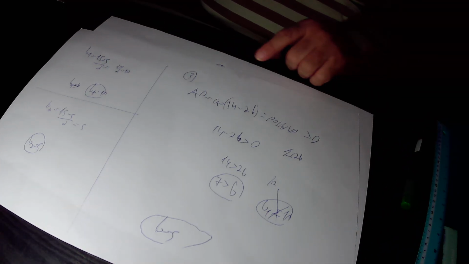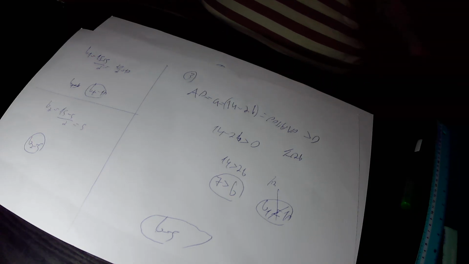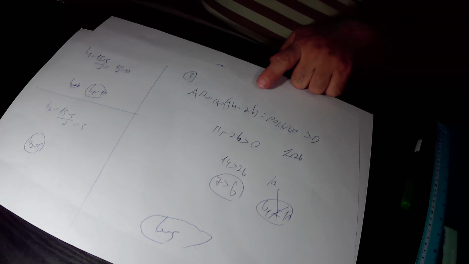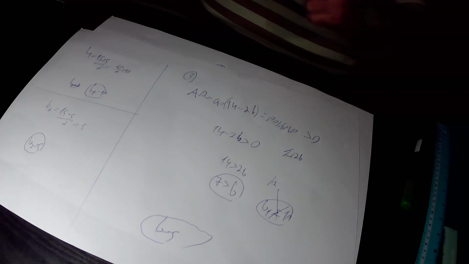So AD equals a, and we also know that a equals 14 minus 2b. AD is a length, therefore it must be a positive number. Therefore 14 minus 2b must be positive. What is a positive number? It is a number that is greater than 0.